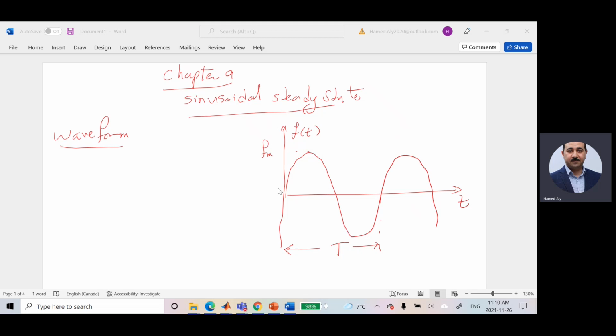Imagine I have a waveform like this one. What is this waveform? Is it sine or cosine? It is a sine waveform. So this waveform is written as f of t is equal to f max multiplied by sine omega t.